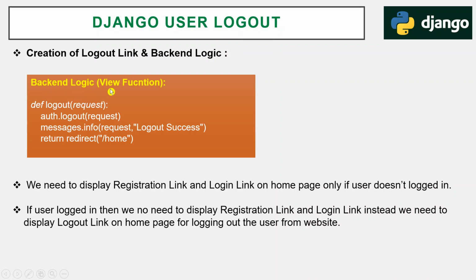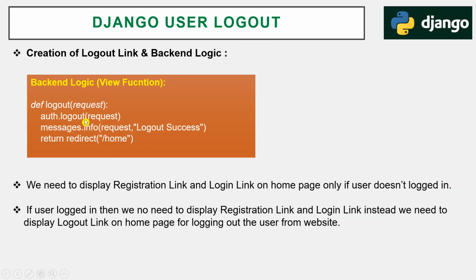The server-side script is called a view function. So we define logout, a function called logout. We receive the request and process it with auth.logout(request). This is also inbuilt functionality.